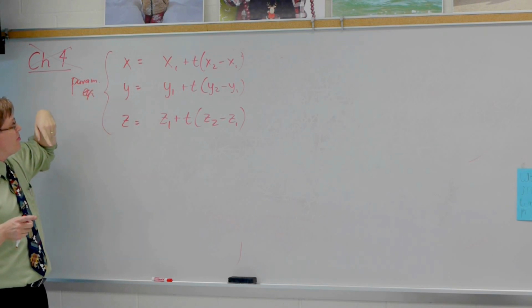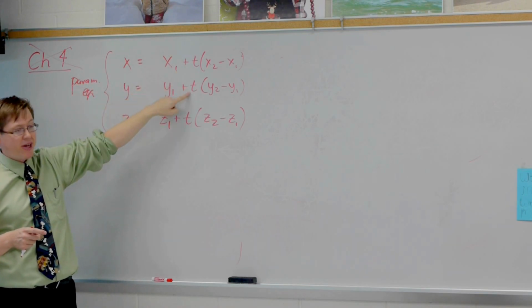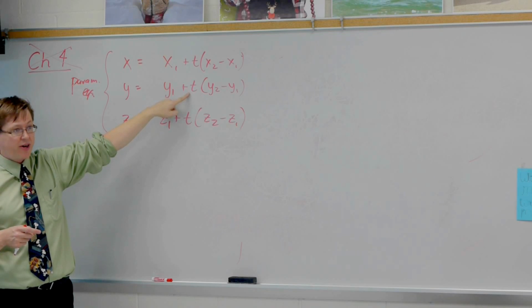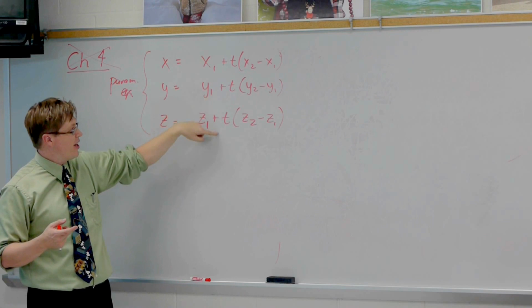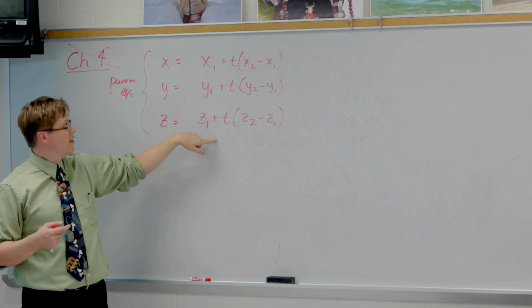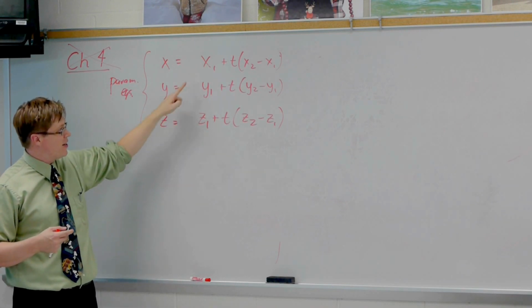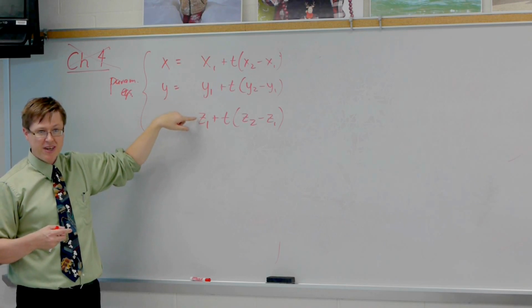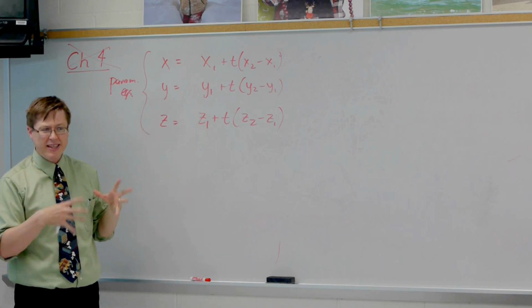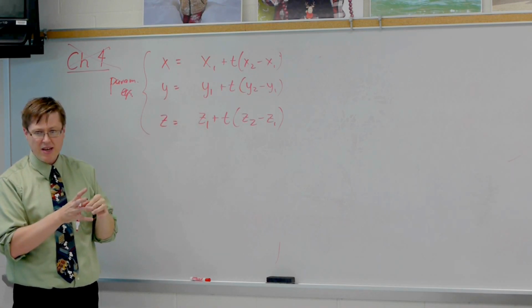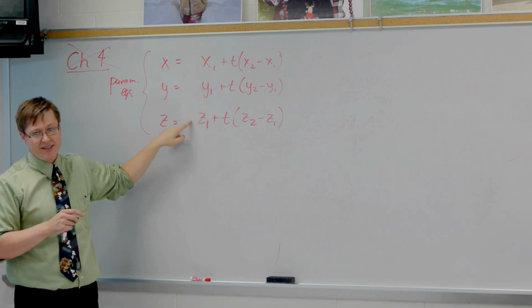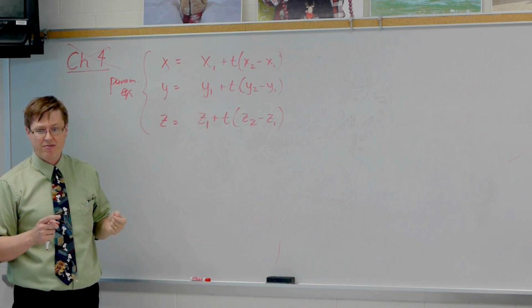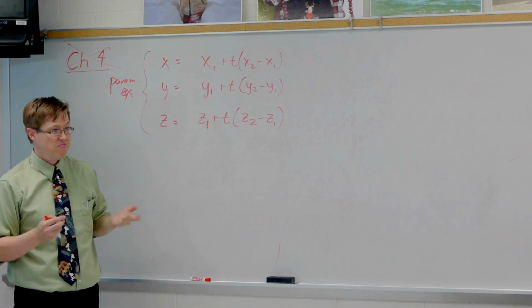In 2 dimensions, I just took that t and plugged it in there and got one equation. Well, I could do that here, but I'd still have 2 equations. If I keep substituting, that doesn't really help. But what I can do is solve this for t, and this for t, and this for t. And since they're all t, I can just set them equal to each other.